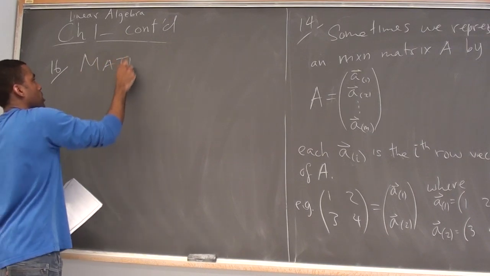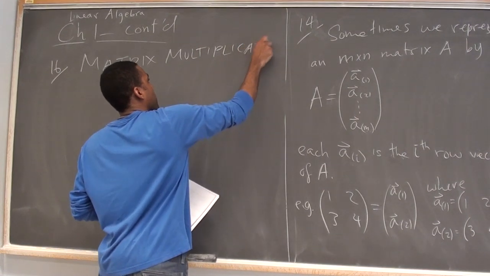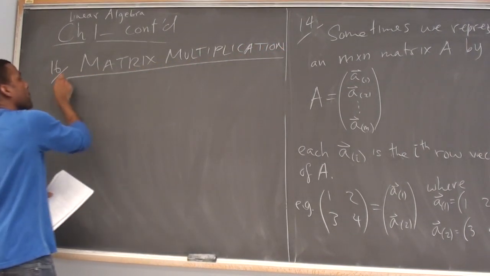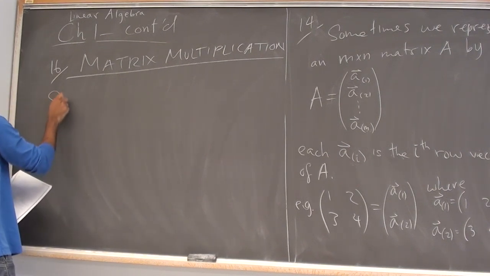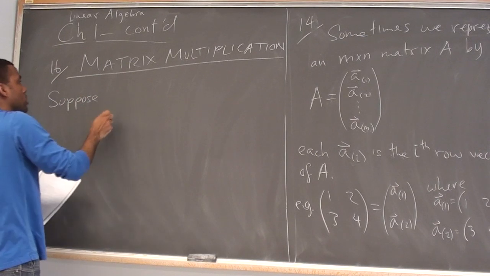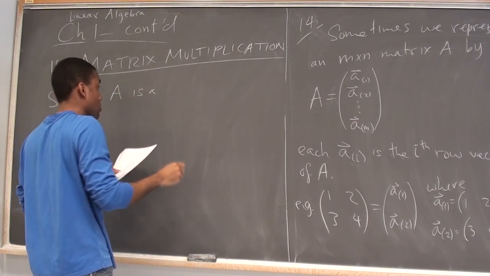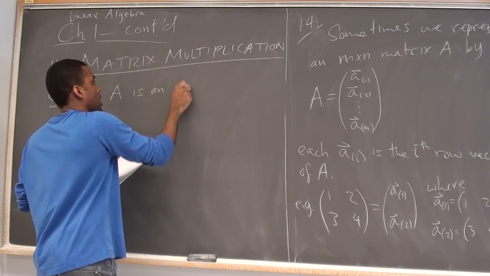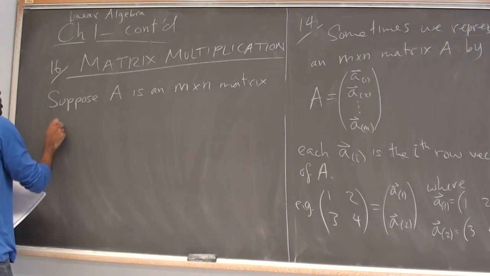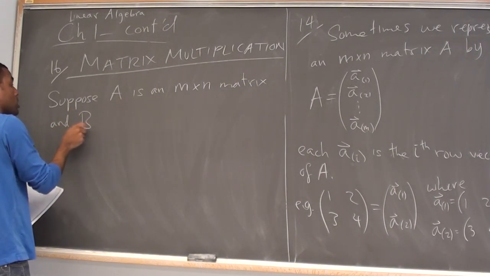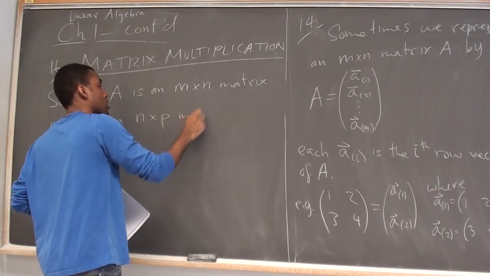Let's go to matrix multiplication. Suppose A is an m by n matrix, and B is an n by p matrix.